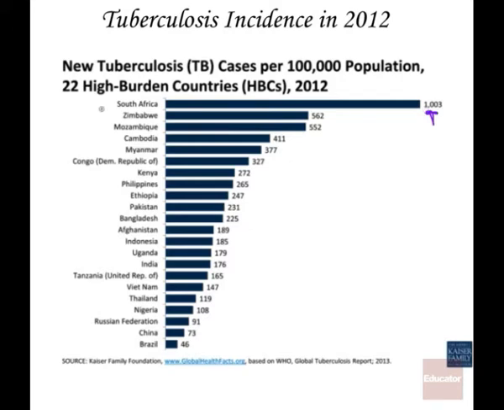We have the African countries, of course, some of the Asian countries, some of the South Pacific. The Philippines, for instance, has a high prevalence and incidence of tuberculosis. India, which I've been spending quite a lot of time in and which we'll discuss, also has a fairly high incidence and prevalence as well, as do these other countries.